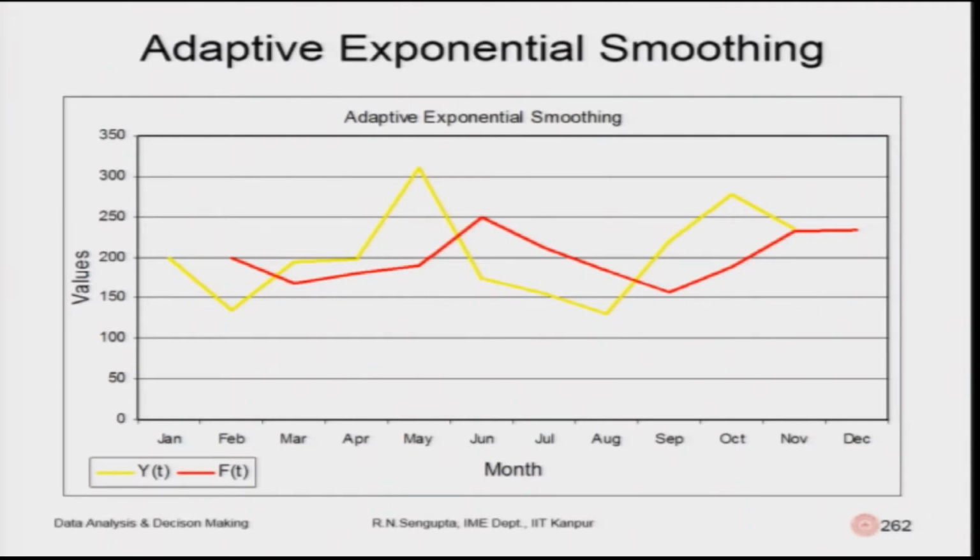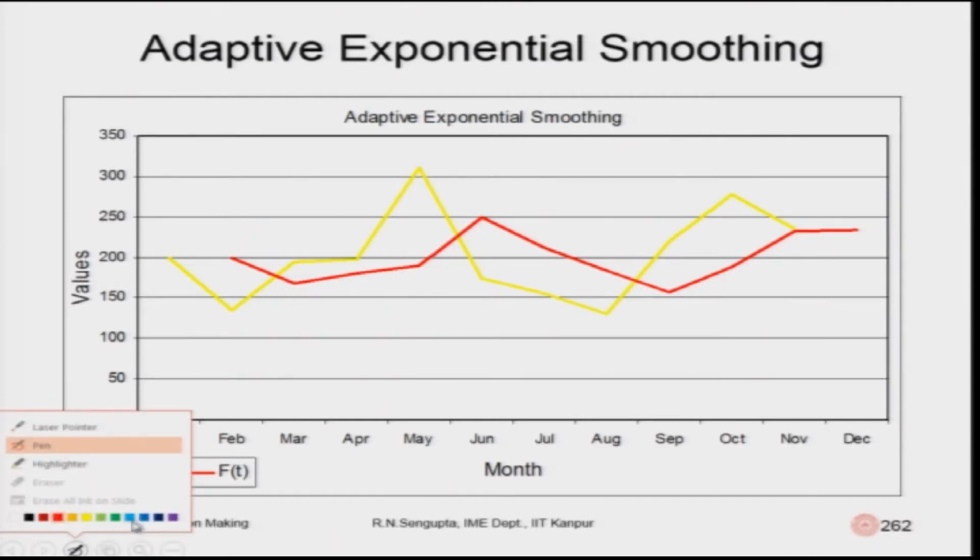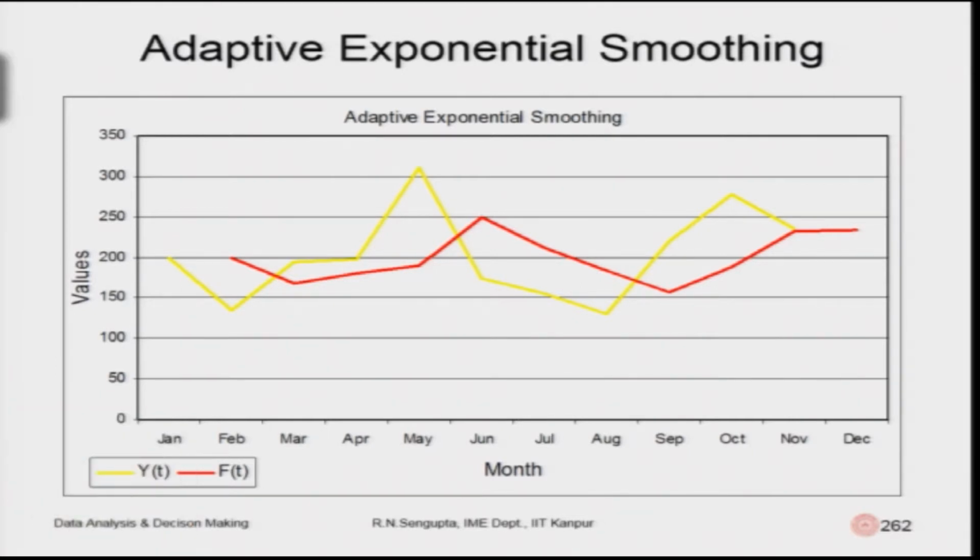So, considering some values of 20% for alpha and beta, I have yt, which is the yellow line, the red one is basically the forecasted line. And if you try to plot it, the difference which you would have, let me consider a color, say for example, dark red.